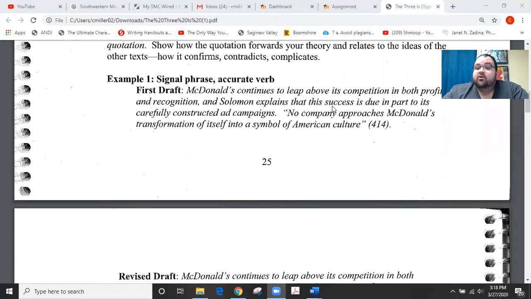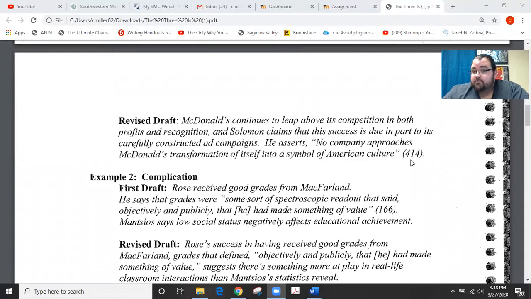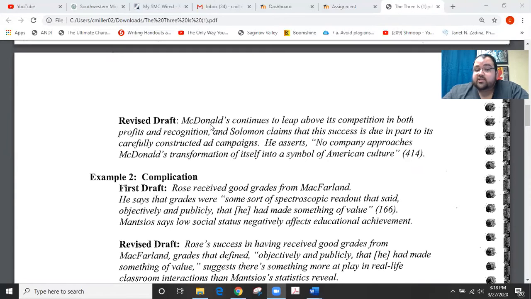Now, sometimes I'll get questions about why this in-text citation doesn't have the author's last name. Well, it's because the author's last name is mentioned up here in a sentence previous to that. So we automatically know that this quote, because it's saying he asserts, the he is up here to McDonald. Okay.